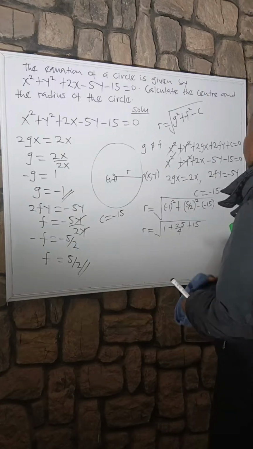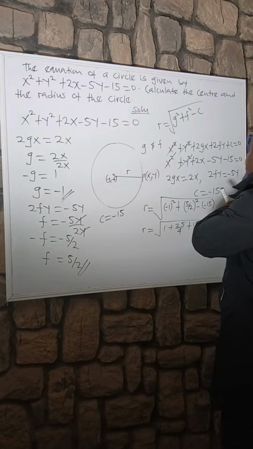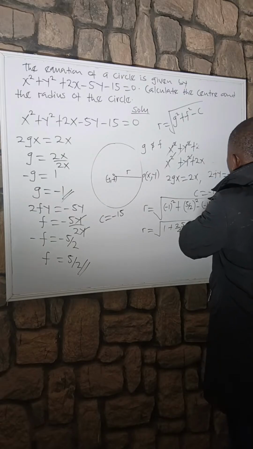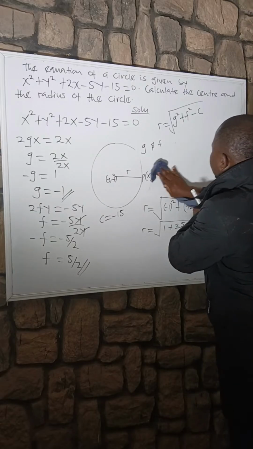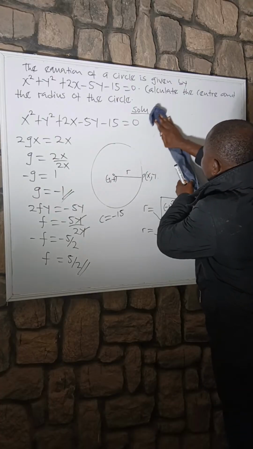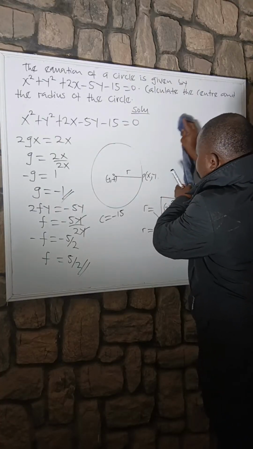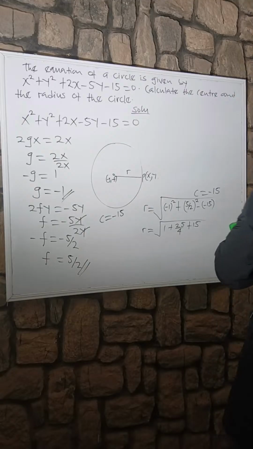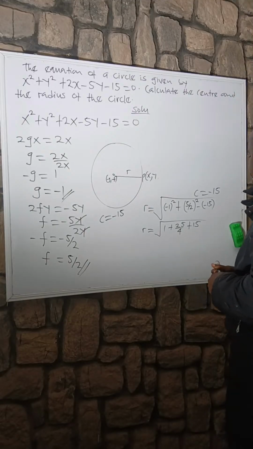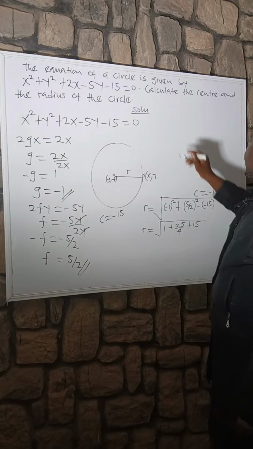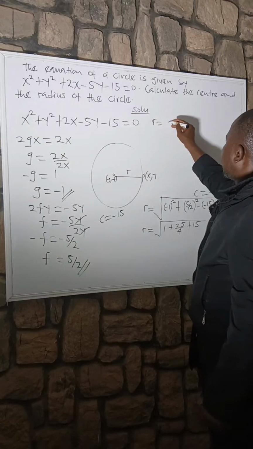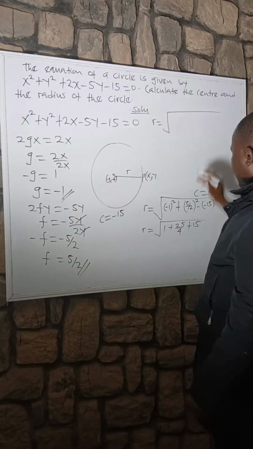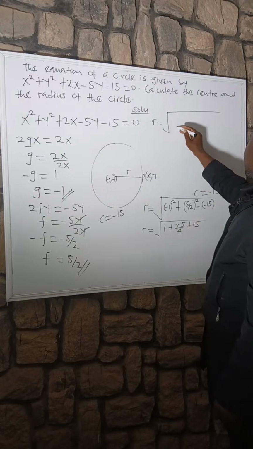Let's look for the LCM. So the LCM will now be 4, right? So our radius will now be equal to, let's make it 4.